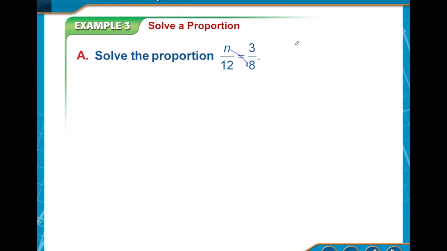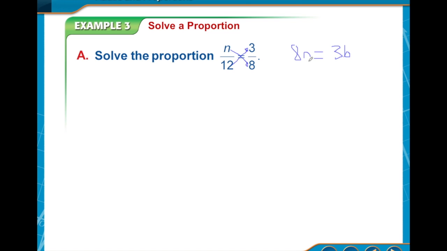That'll give us a value on the left. And we'll do 12 times 3. That'll give us a value on the right. And we'll set them equal to each other. So 8n equals 36.